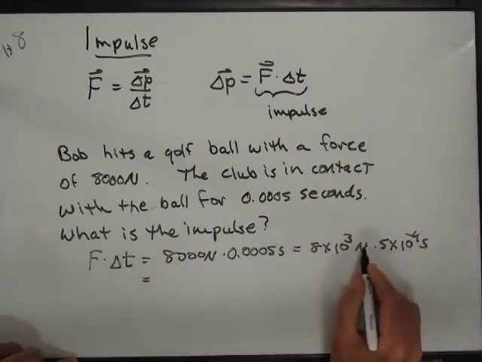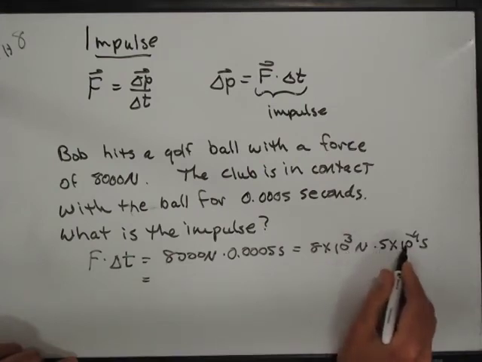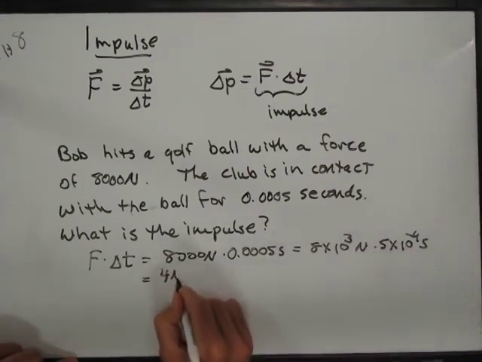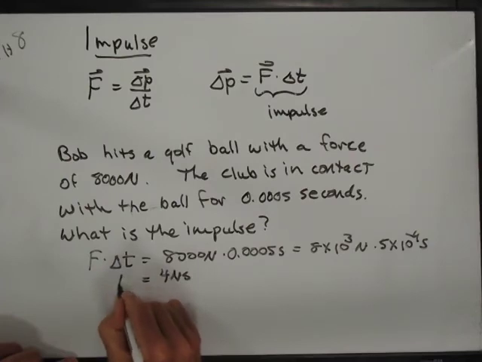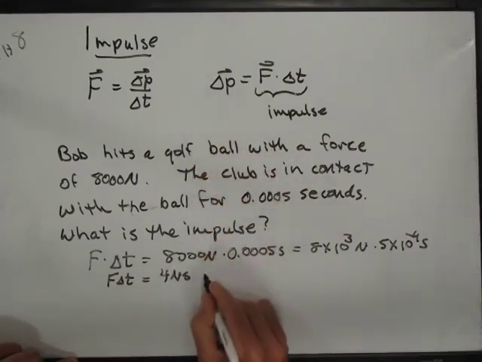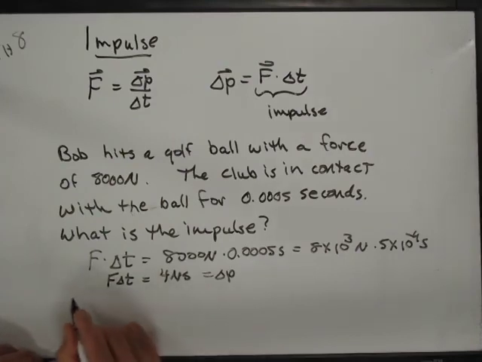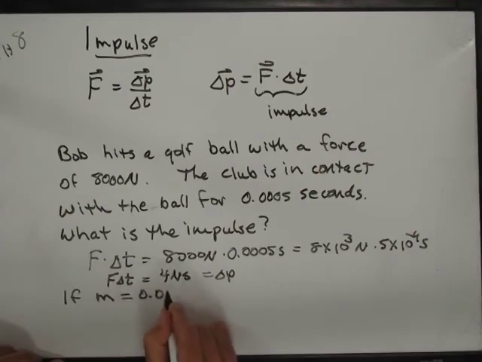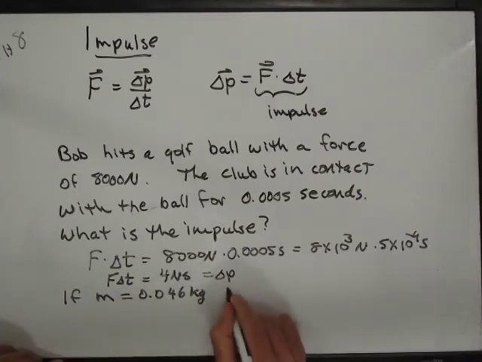I can do that a little easier. So that's 40 times 10 to the minus 1, or 4 newton seconds, right? So that's the impulse. And that's equal to the change in momentum. And so the change in momentum is 4 newton seconds. Now I can ask the question, if the mass of the golf ball is 0.046 kilograms, which it is approximately, right?